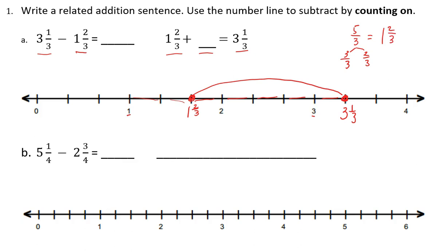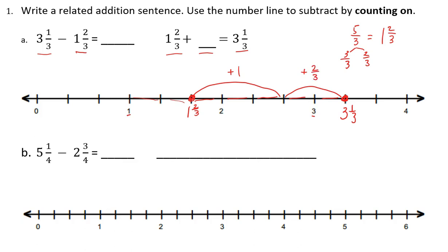Let's look at it another way. Again, I'll start at 1 2/3 and hop to 3 1/3, except this time I'm going to make a first jump of 3/3 because I know that makes 1 whole. So here I've jumped 1 whole, and then if I complete my jumps, I've jumped 2/3.